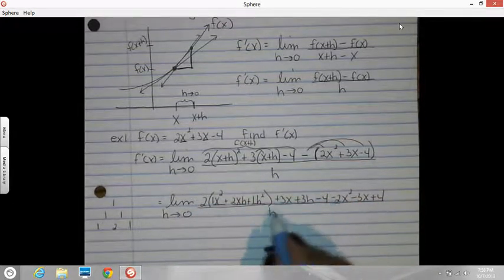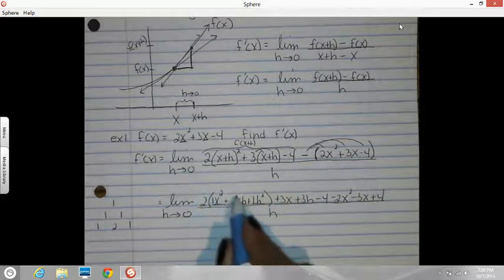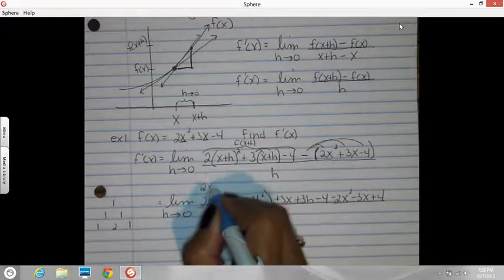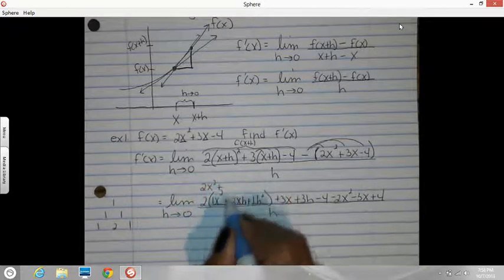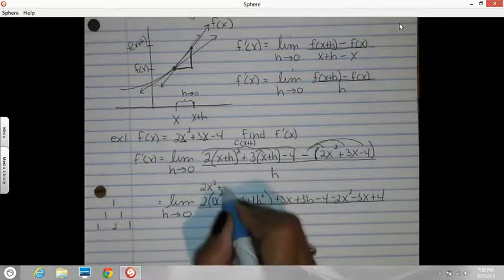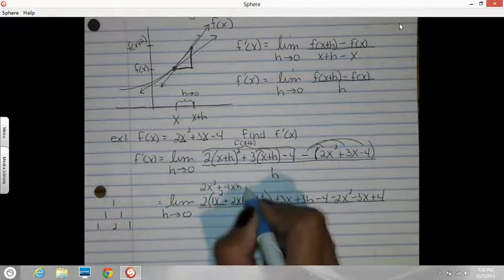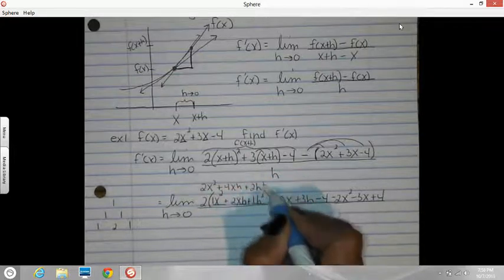And just to save the line, I'm going to distribute here to these 3 terms and put them up here. So I'll have 2x squared plus 4xh plus 2h squared. And then plus all this stuff I have here.